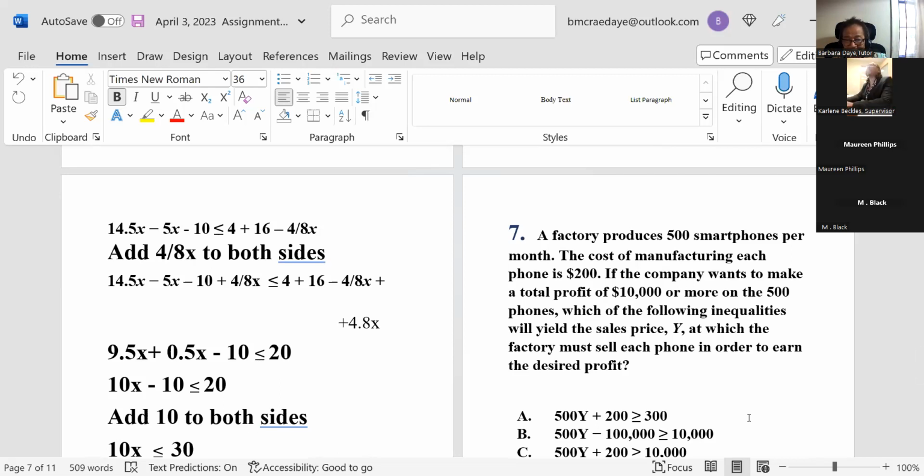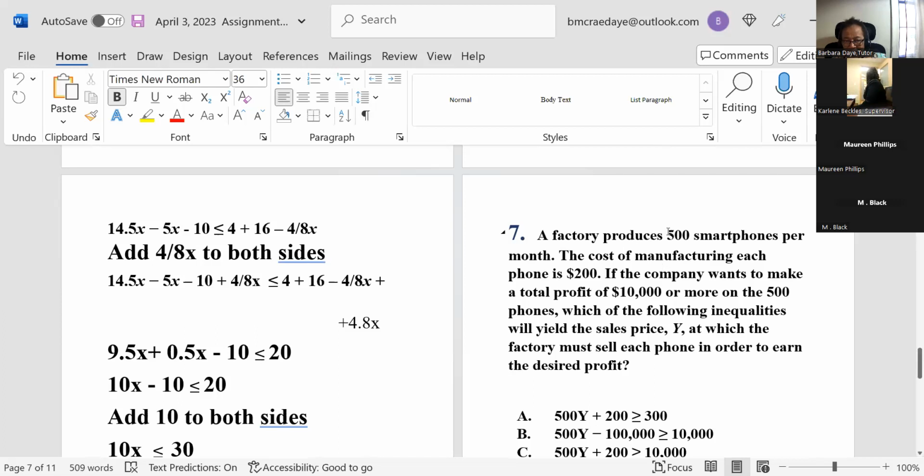Oh yeah, I see it. If the company wants to make a profit of 10,000 or more on the 500 phones, which of the following equalities will yield the sale price Y at which the factory must sell each phone in order to earn a desired profit?